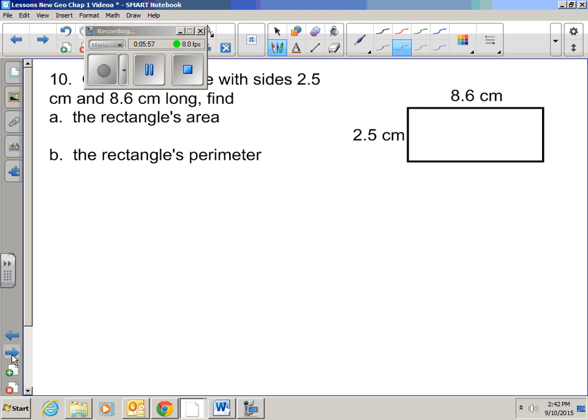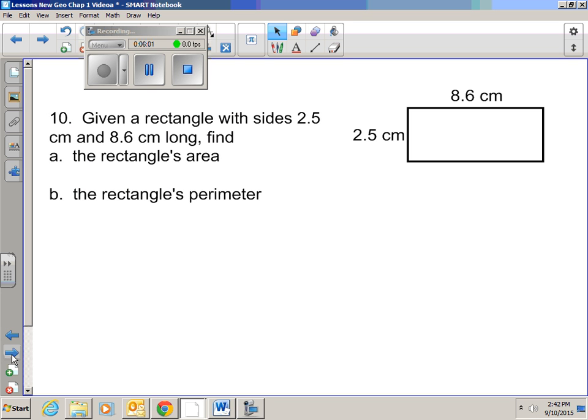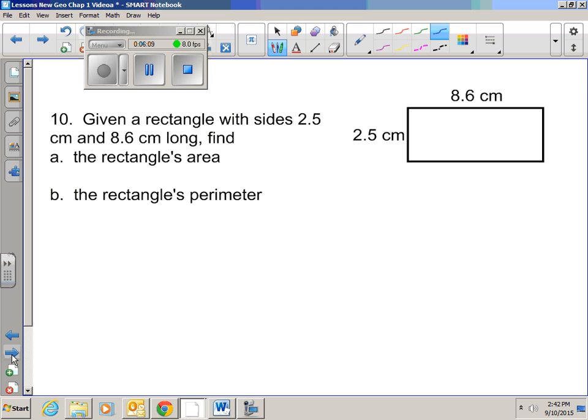Okay, let me slide this down so you guys can see it. Given a rectangle with sides 2.5 centimeters and 8.6 centimeters long, find the rectangle's area and perimeter. You know the area of a rectangle is length times width. And we also know that the perimeter of the rectangle is all the way around. We know that opposite sides of a rectangle are equal.